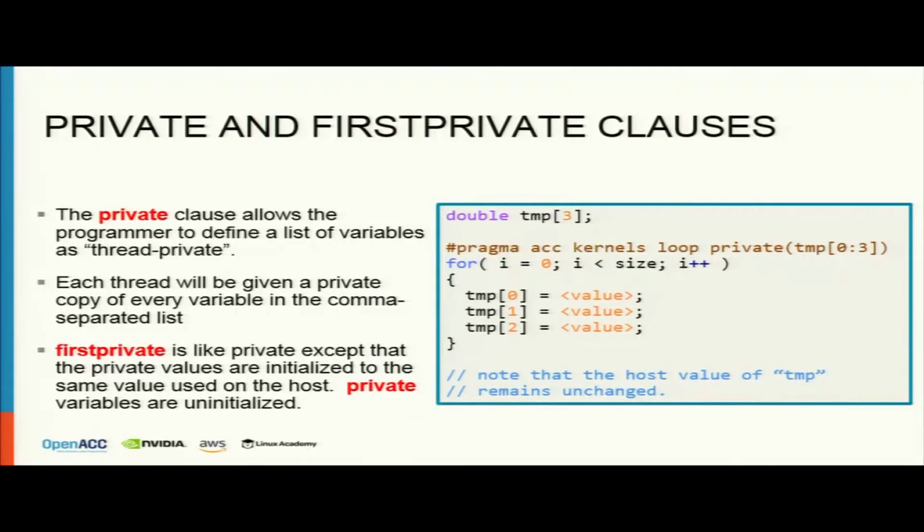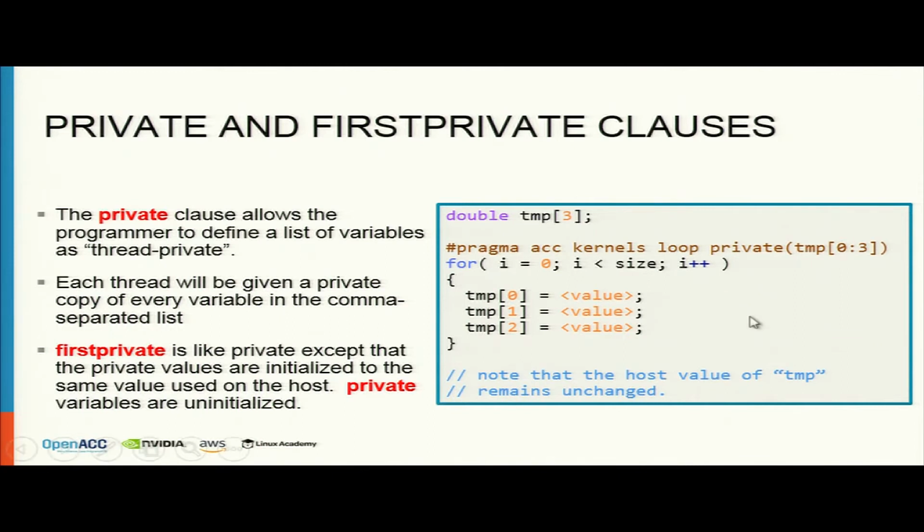It's a temporary buffer, and suppose thread 0 was writing, suppose the value there was temp of 0 equal to I, and based on that I was doing some operation, right? Okay, so let's go ahead. Suppose after this statement there was a buffer called A, and I say A of I equals temp of 0 plus temp of 1 plus temp of 2.